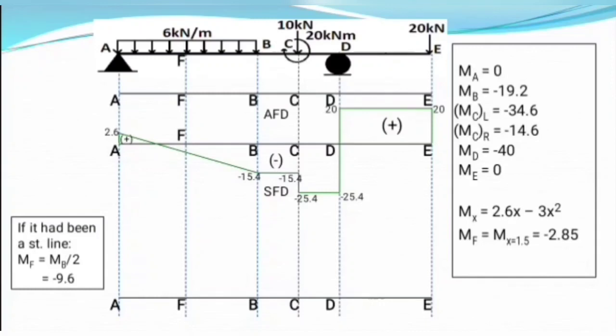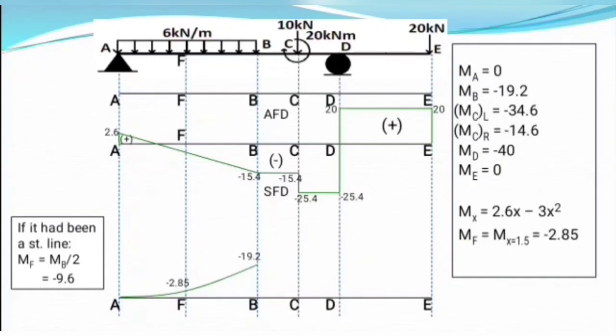So our plotting point at F is lower than if we joined the points with a straight line. So our parabola would be like this, concave upward, if we plotted MF equals minus 2.85 and MB equals minus 19.2. So under the UDL, the nature of bending moment is parabolic.